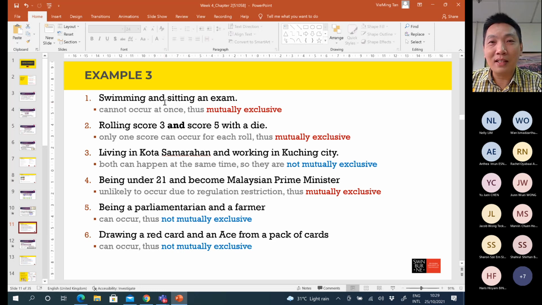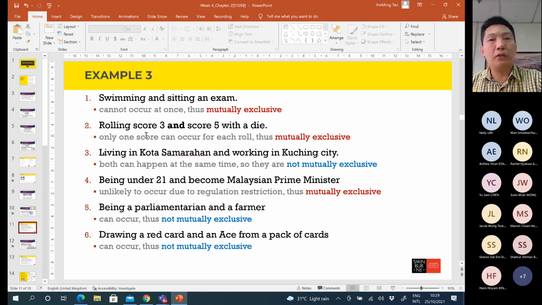Cannot, right? Can we do swimming and sit for the exam at the same time? The answer is no. So these two events cannot happen at the same time, so we can say that these two events are mutually exclusive. Swimming and sitting an exam are mutually exclusive events. Another example: rolling score 3 and score 5 with a die. What is the meaning of this question?